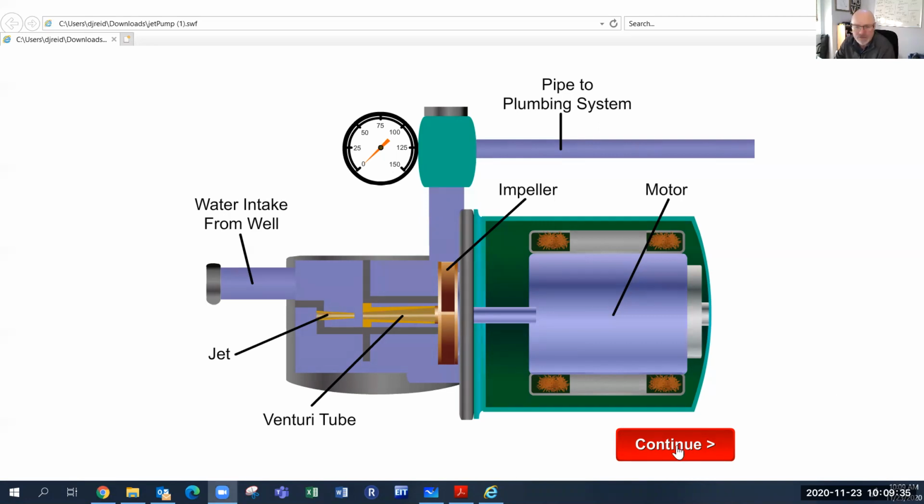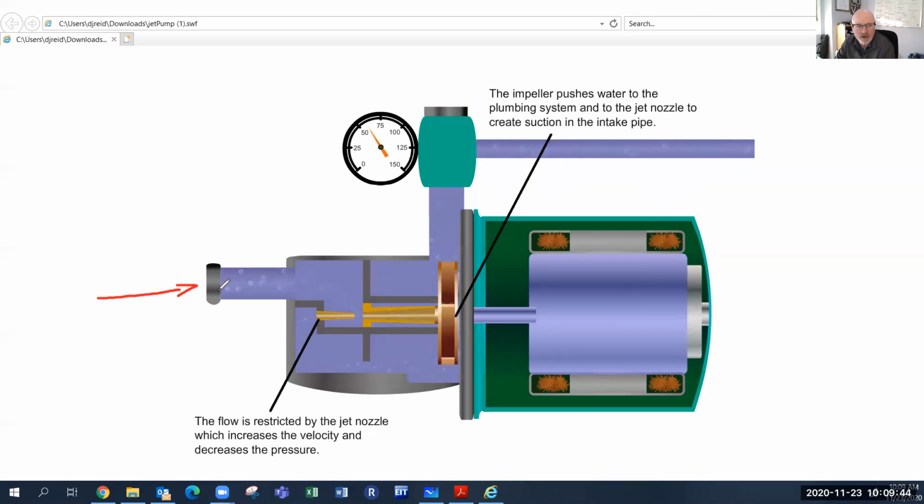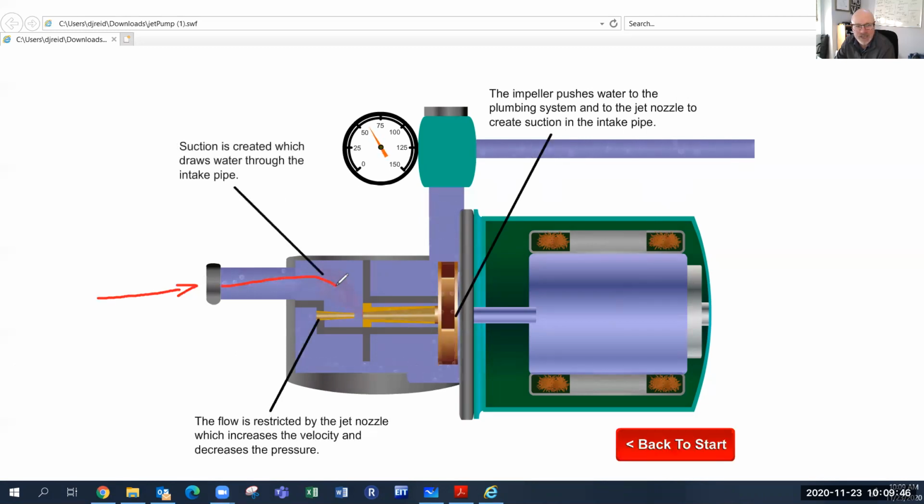If I was to start this pump, this part right here is sucking water from the well, and it's pushing it in through this Venturi. This is my impeller that's spinning, and it pushes water also through the jet. And in this area right here, we're creating a suction zone.